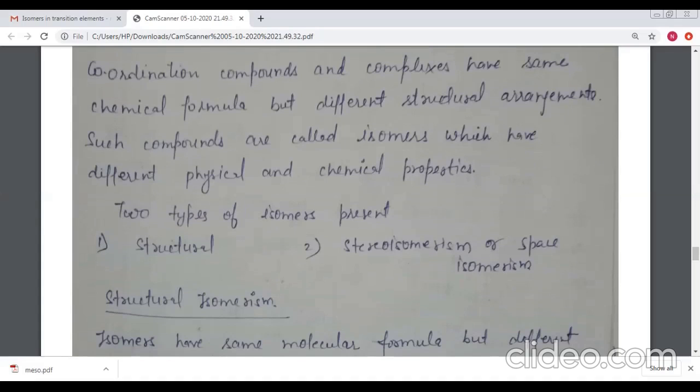Same molecular formula, but the arrangement of the groups is different. Such compounds are isomers, which have different physical and chemical properties.